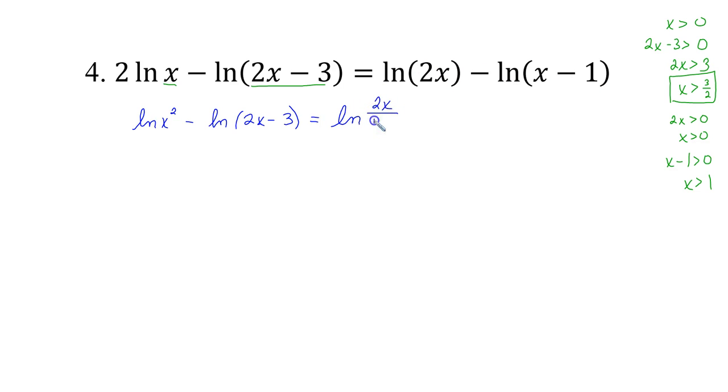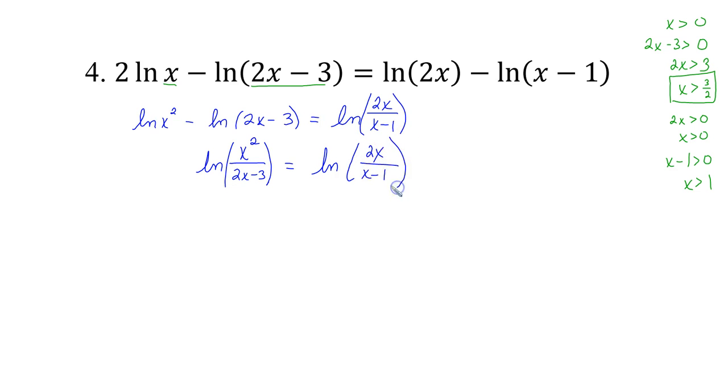So I have 2x over x minus 1. On the left-hand side, now I'm going to take my difference of two natural logarithms, and I'm going to write this as the first part, x squared, divided by the second part, 2x minus 3. And we will have two natural logarithms which are equal to each other.